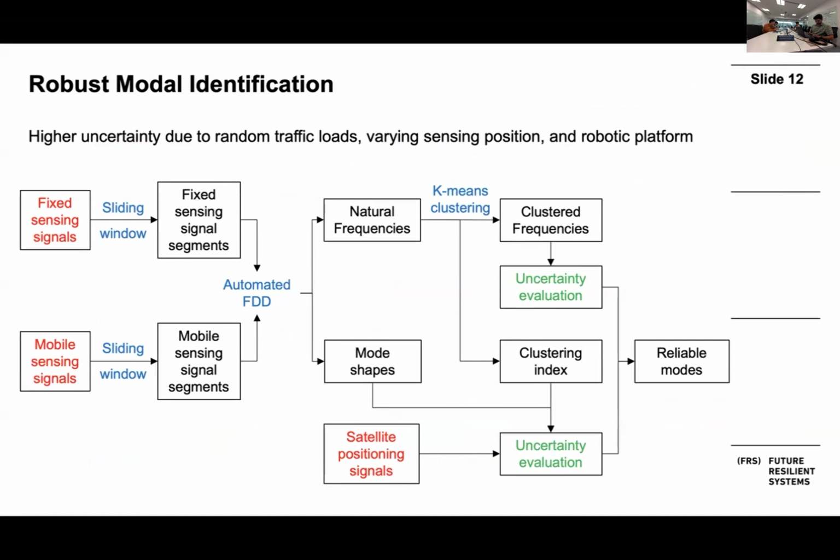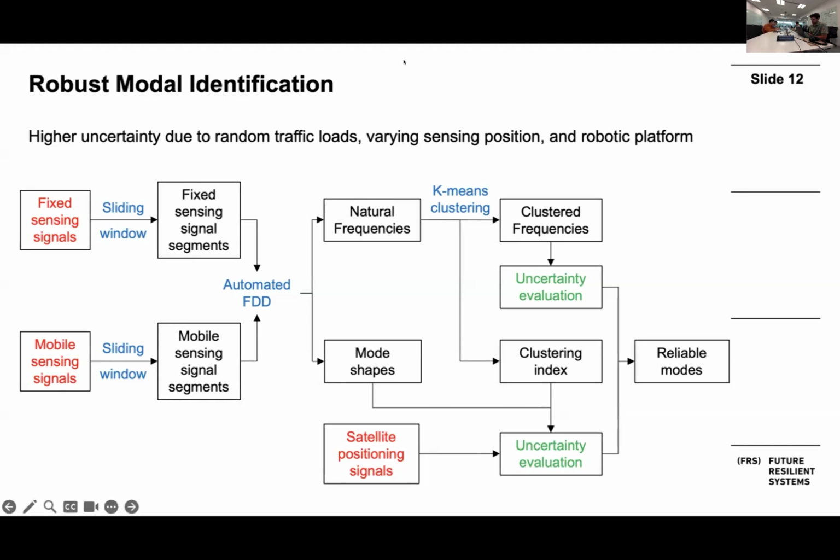First, our sensing position is changing, and second, the accelerometer is deployed on top of a robot, not directly on the bridge. So the mechanical property of the robot will also influence the vibration, and this introduces more uncertainties.